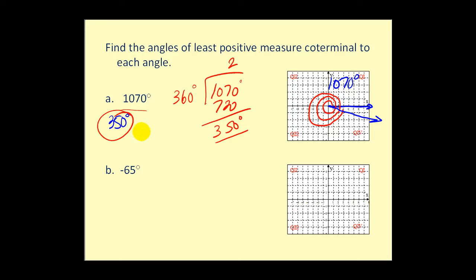Okay, let's take a look at part B, negative 65 degrees. I always like to start by sketching the given angle. There's our initial side. This time we'll go clockwise 65 degrees. So our terminal side would be somewhere in here.